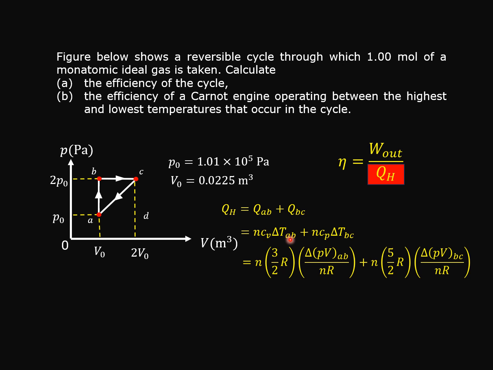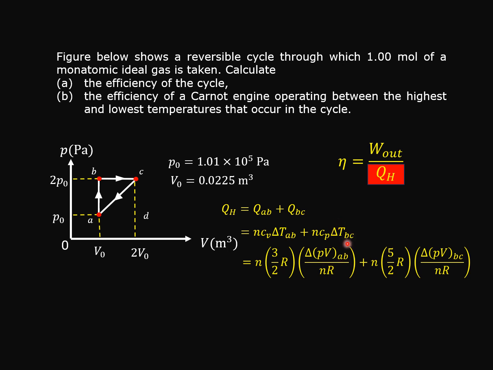And the temperature change between state A and B can be calculated by using the ideal gas law, where T equals PV over nR. But now this change of temperature is due to the change of the product PV that happens from state A to state B. So we have delta PV for this process from A to B divided by nR.